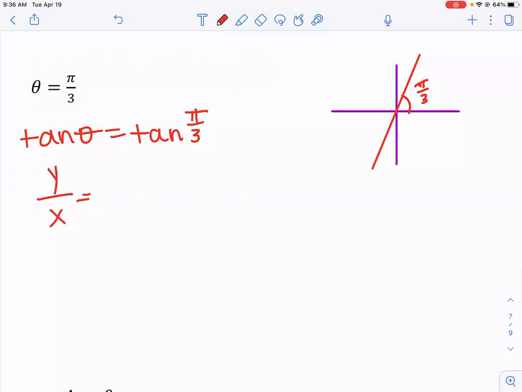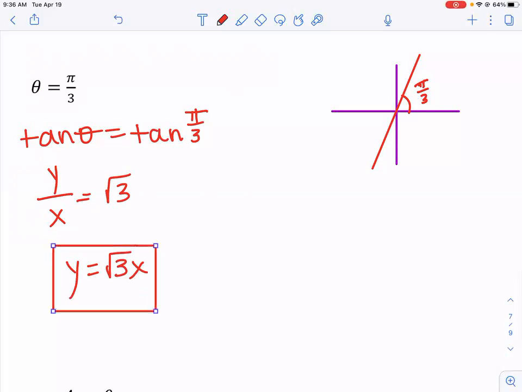I know it. But do you know it? Radical 3. So y equals radical 3 x.